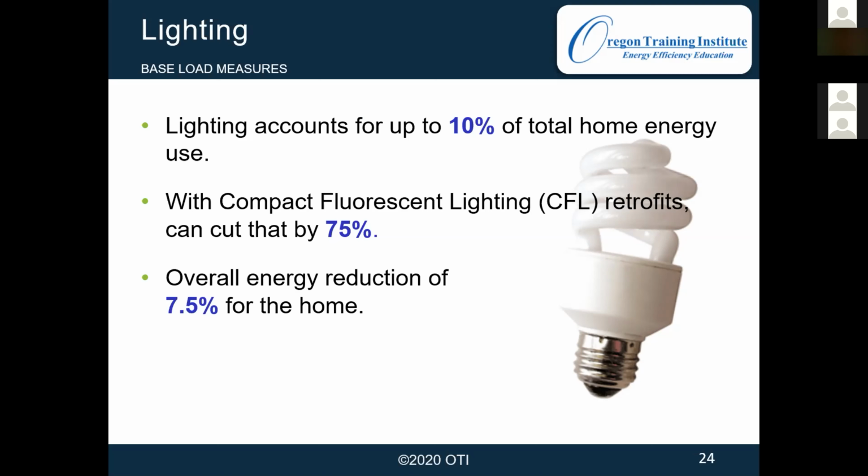But if we can reduce that by 75% by swapping out the light bulbs, that's going to be cheap and easy. Let alone if we get LEDs, which are going to be at least 90% efficient. So even though only 10% of their bill is going into lighting, if we can knock that 10% down 90%, we just saved a big chunk of their bill pretty easily.